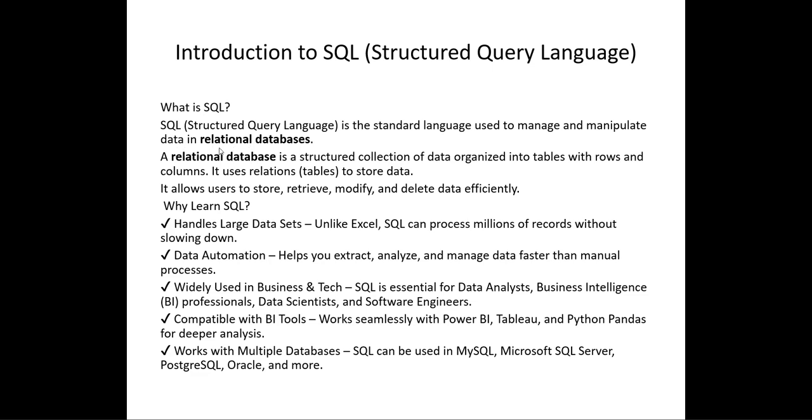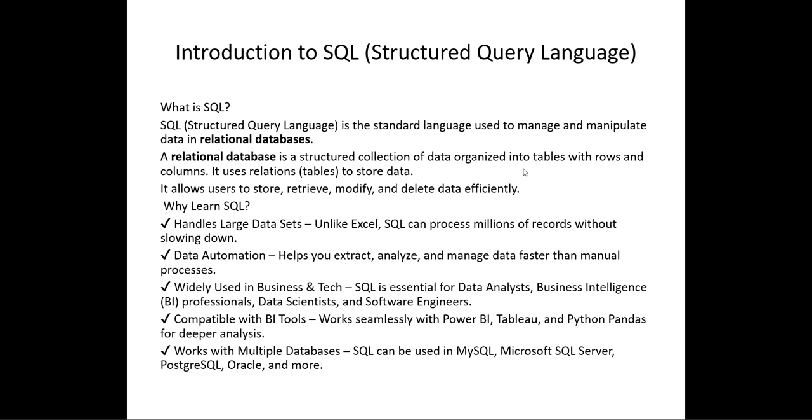I put that in bold letters, because if you're really new, you may be thinking, what is a relational database? A relational database is a structured collection of data organized into tables with rows and columns. It uses relations, so you can talk to each table.